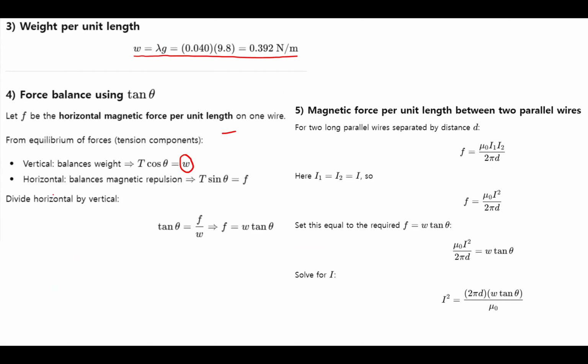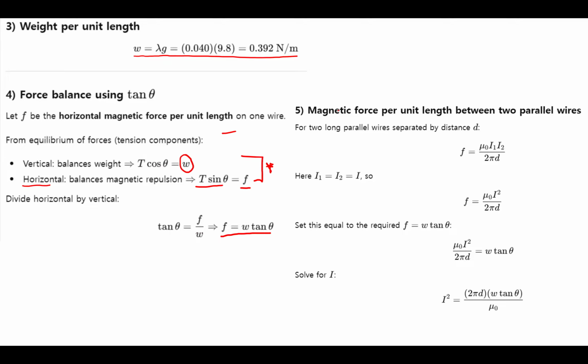In the horizontal case, the horizontal force should be matched by the magnetic repulsion. These are the two very important situations. Dividing the horizontal by the vertical gives tangent theta, so that F is w tangent theta.